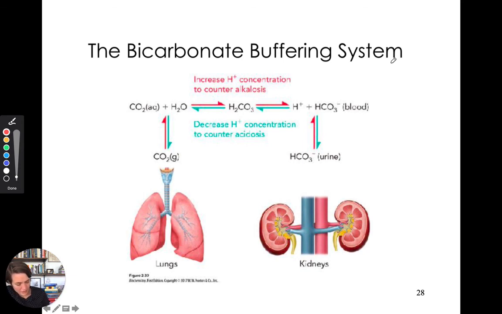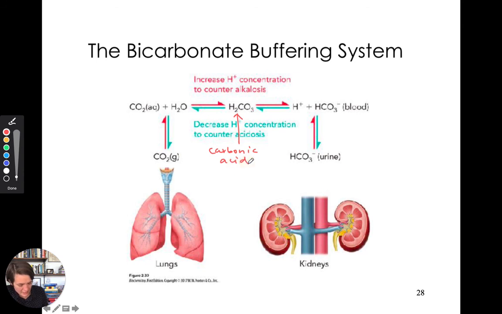Okay, so in our bicarbonate buffering system, you have the intake of CO2, or in this case with the lungs, the expelling of CO2, although the lungs do get CO2 from the body, right, carried in hemoglobin, and then it's expelled as we breathe out. So that carbon dioxide combines with hydrogen to form H2CO3, which is also known as carbonic acid.